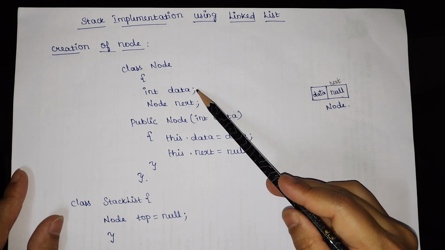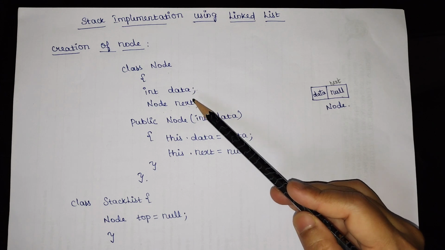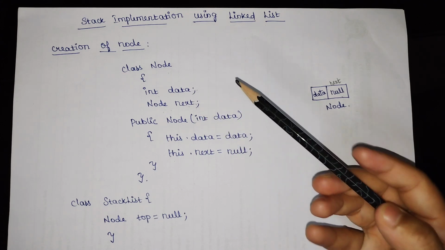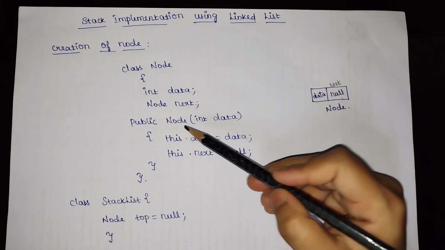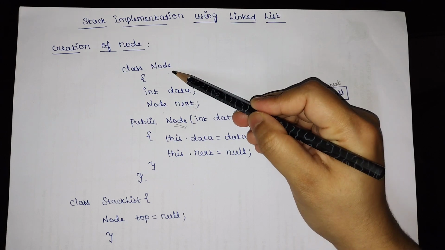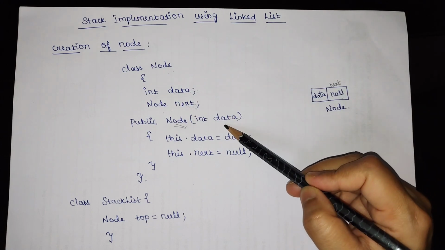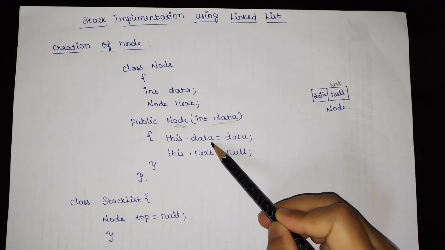Now coming to instantiation: when you want to allocate memory and assign values to these variables, that is done here using a parameterized constructor. The constructor name is the same as the class name, Node, and it is parameterized because I'm passing a parameter, which is the data value.